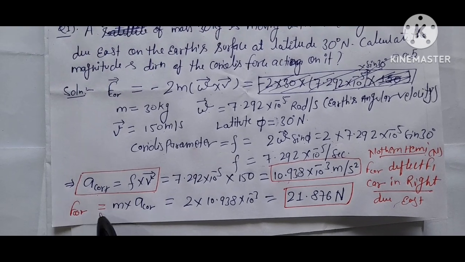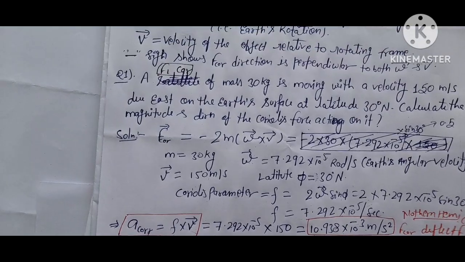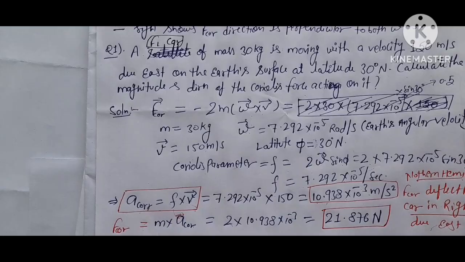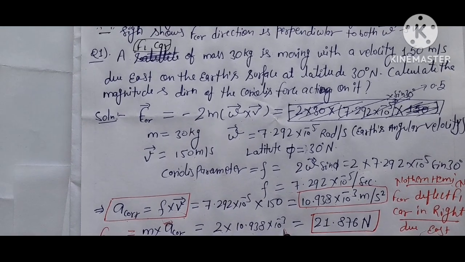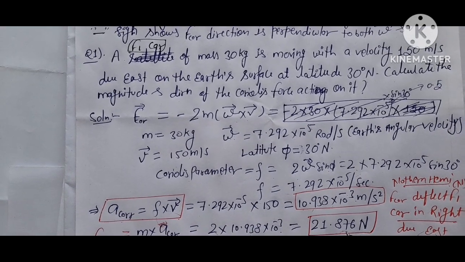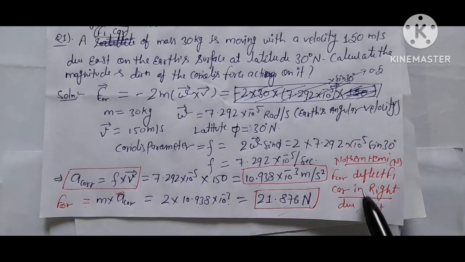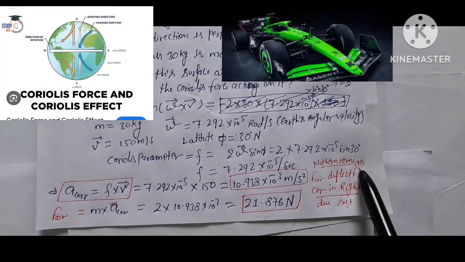And now Coriolis force equals m times the Coriolis acceleration, with the vector direction here: 2 times 10.938 times 10 to the power minus 3, which is 21.876 Newton. So you have a Formula 1 car racing in the northern hemisphere.